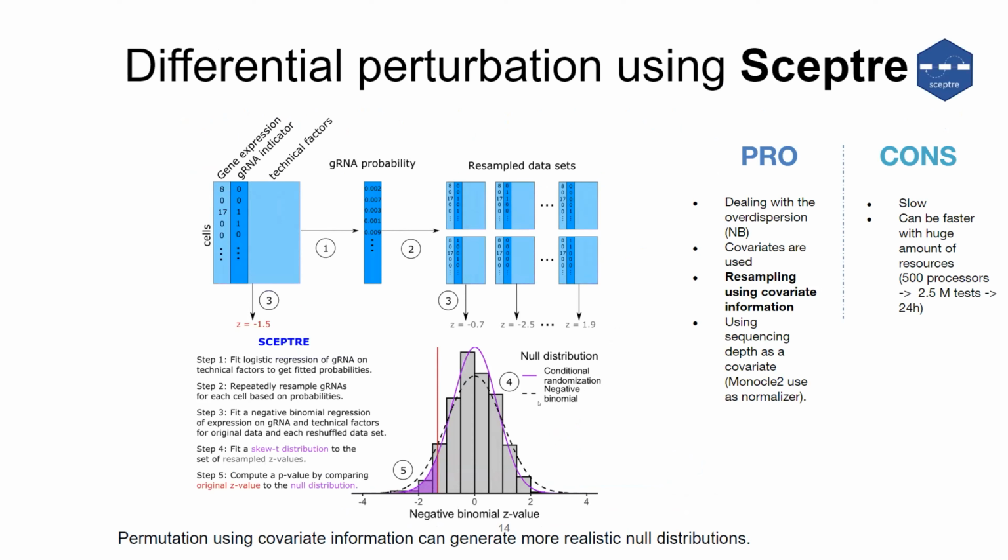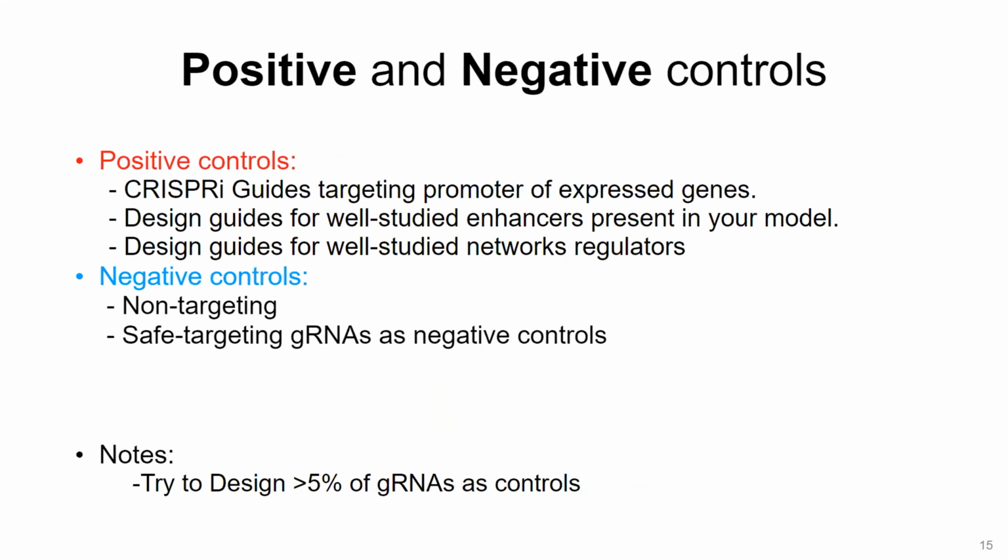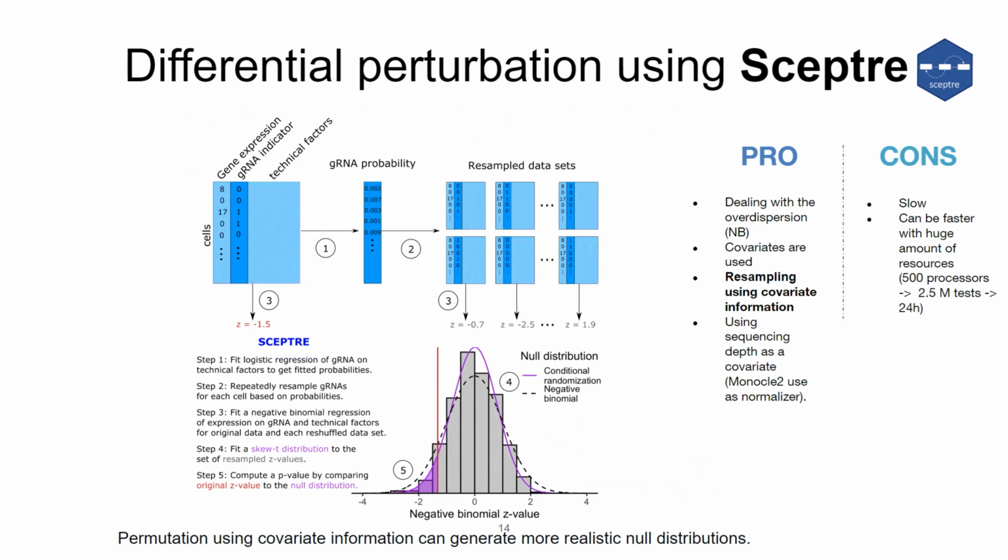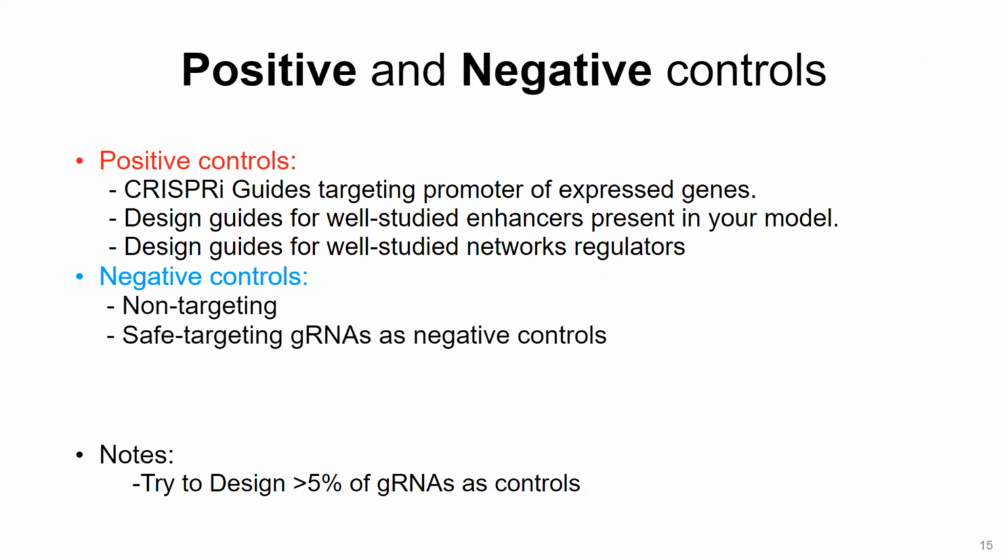Sceptre tries to do two different things: it uses conditional resampling that takes the covariates into consideration, and it makes an adjustment in the way they treat library depth as a covariate. It's still slow, but when you see the results, we no longer have that inflation in the p-values. For now, it's the tool that we have been considering the most trustable in terms of the results we expected in the literature.